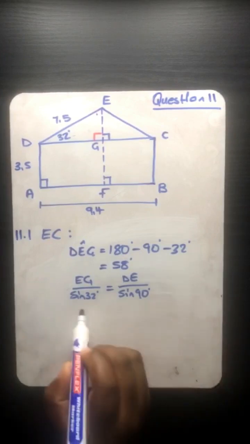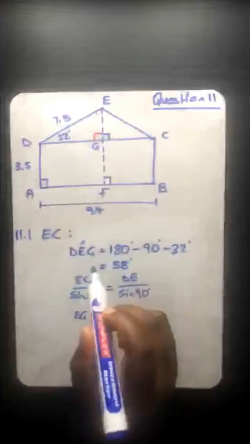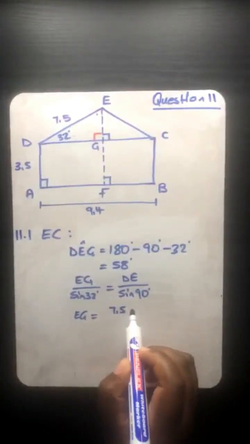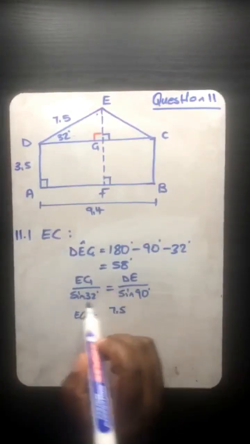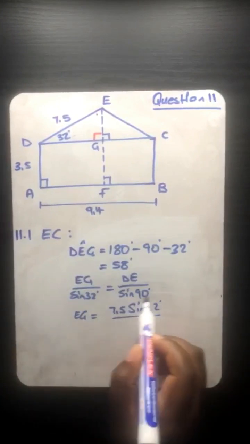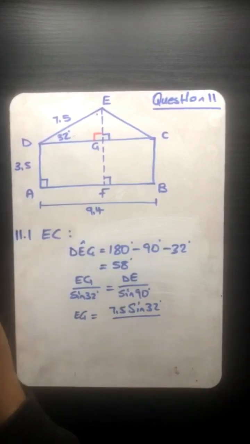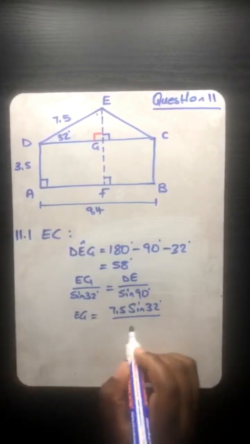Let's see. EG is what we are looking for, so you're going to cross multiply. DE is 7.5, and then sine 32 degrees over sine 90. Is it 1? I think sine 90 is 1. Yes, sir, it is.